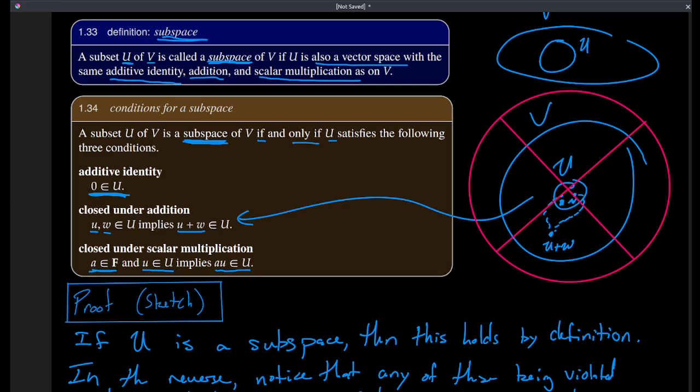So we have three conditions right here describing when a subset is a subspace. And would you look at that? 1, 2, 3 conditions right there. So those are exactly the same conditions. It is extremely routine to just verify that having the same additive identity, the same addition, and the same scalar multiplication, that is these conditions.